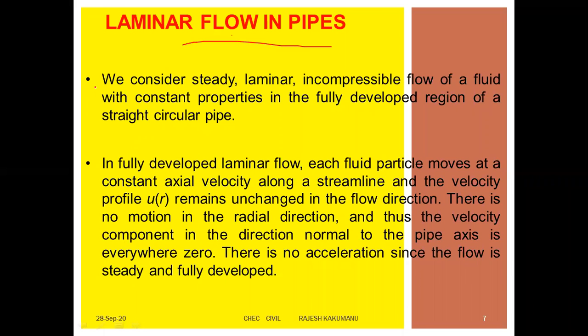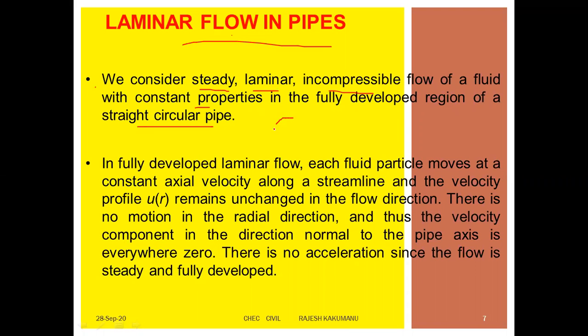So in this laminar flow in pipes, we will consider a pipe and do some calculations based upon the laminar flow conditions. Now we consider a steady, laminar and incompressible flow of fluid with constant properties in the fully developed region of a straight circular pipe.